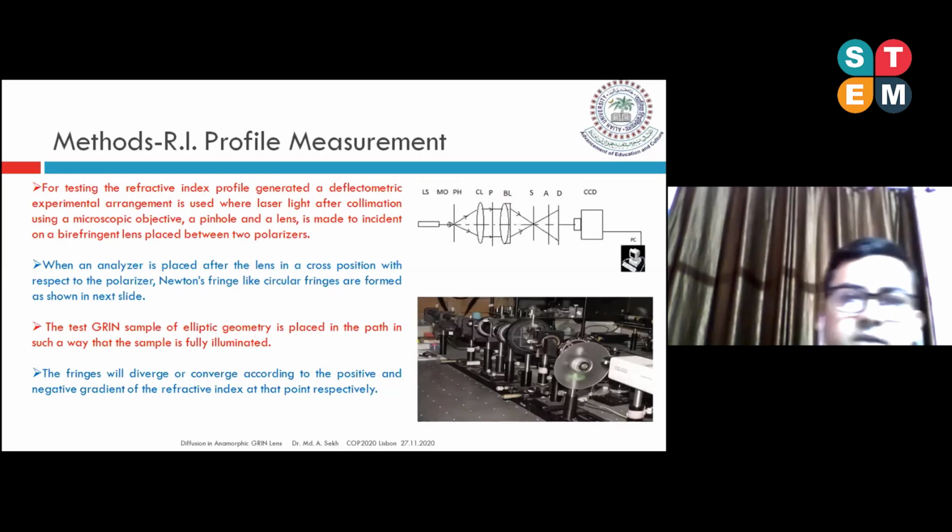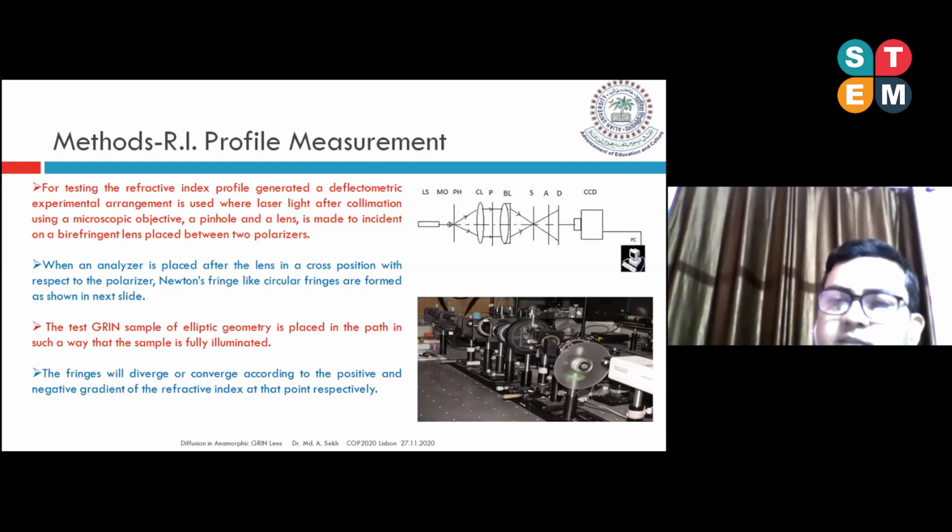Now, in this experimental measurement method, we have used a setup where different components are used, like a laser source, a microscope objective, pinholes, a camera, and a polarimetric lens. The main component of this is the birefringent lens.